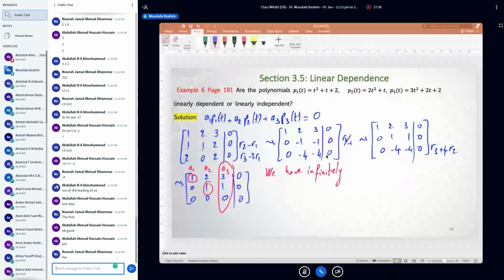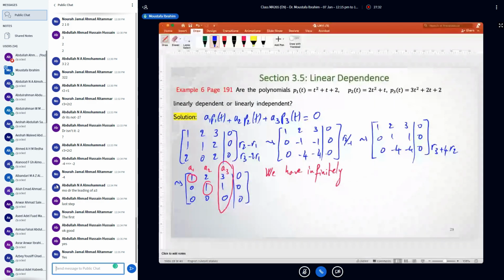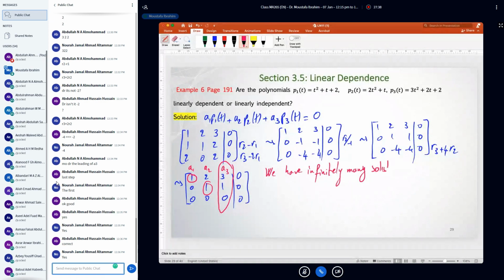Okay. So we have infinitely many solutions, correct? Very good. So we have infinitely many solutions. In this case, what's the conclusion? Is the set linearly dependent or independent?